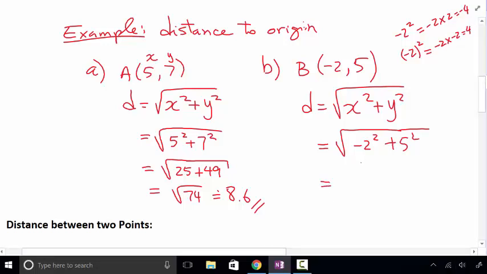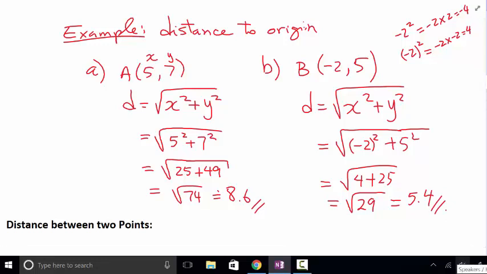So please don't write it like that on the test. You will lose a mark even though you do the final answer correctly. Because if you write it like that, that is actually wrong. You need to put brackets here. So what do you get? 4 plus 25 equals the square root of 29, which is equal to, what do you get? 5.4 units.